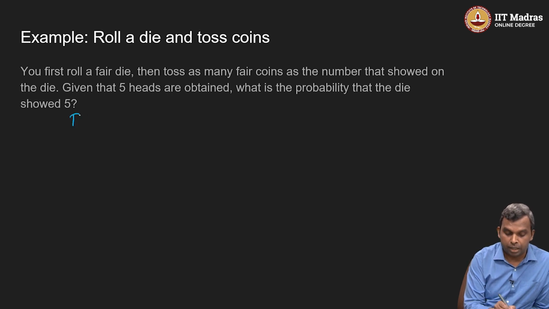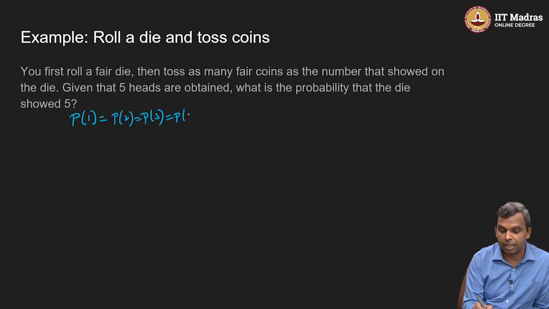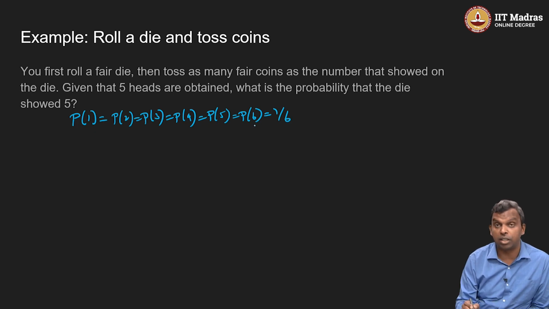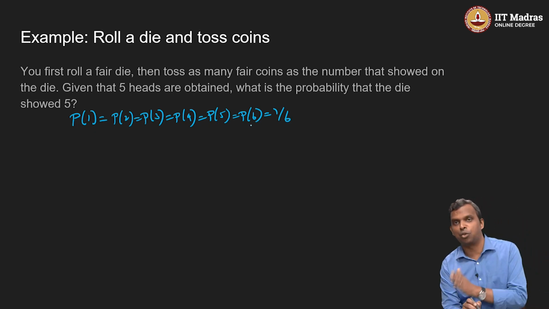So the probability of 1 and 2 and 3 and 4 and 5 and 6, all of these is 1/6, right? So this is your partition. What the die showed is your partition, 1 or 2 or 3 or 4 or 5 or 6.